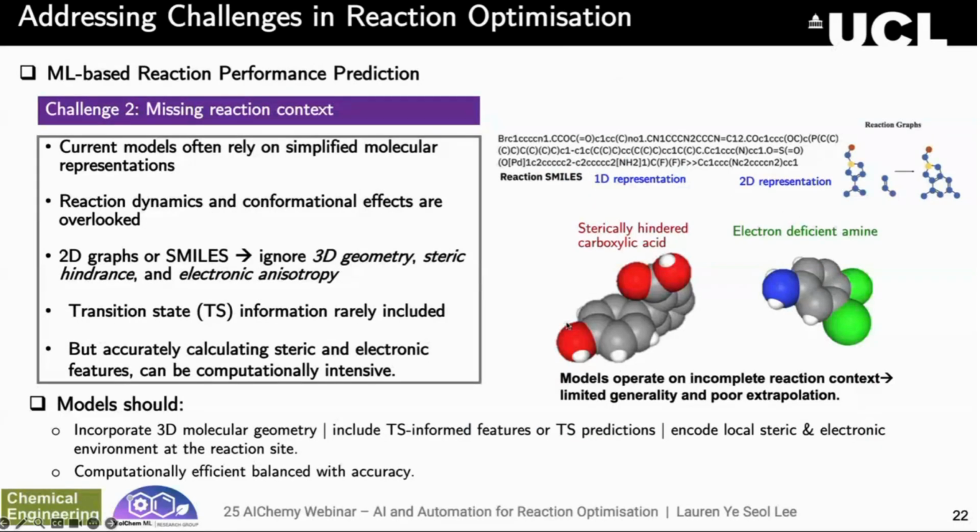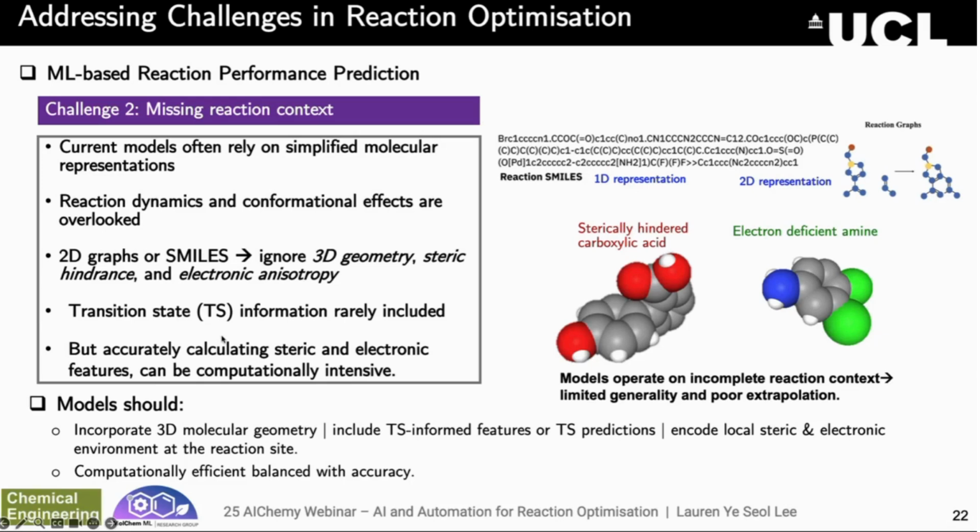And the second major challenge is that most machine learning models still operate on incomplete reaction context. Current models often rely on simplified molecular representations. For example, they rely on SMILES strings or 2D graphs, which means they ignore 3D geometry, steric hindrance, or electronic effects, all crucial for chemical reactivity.